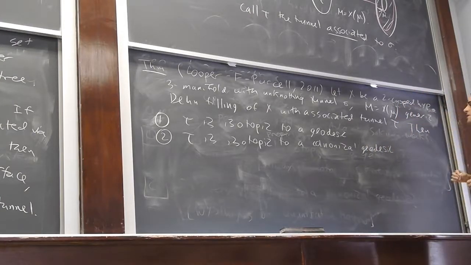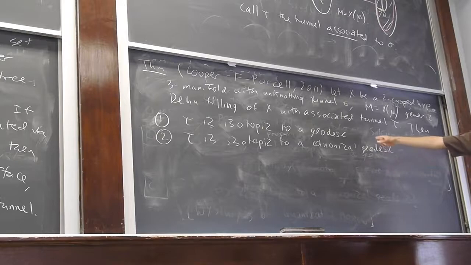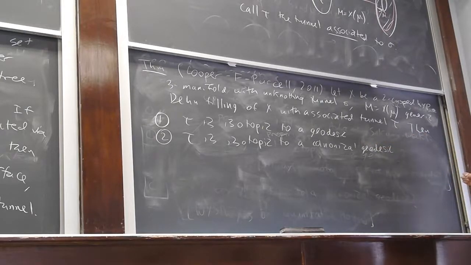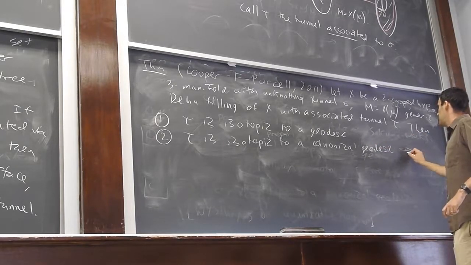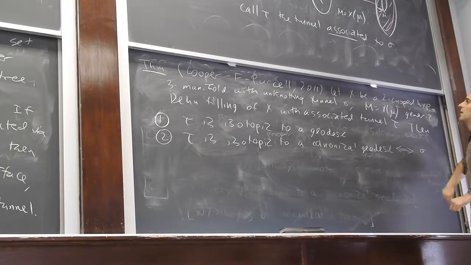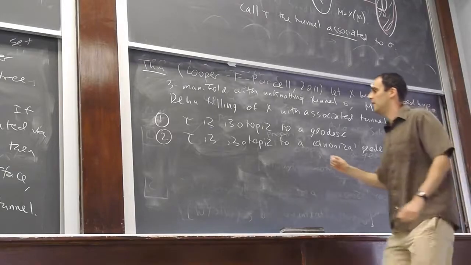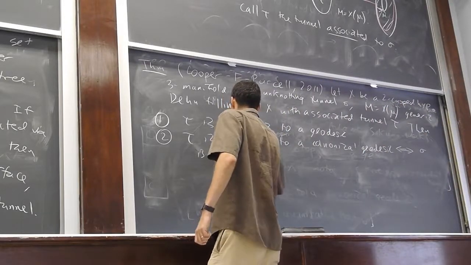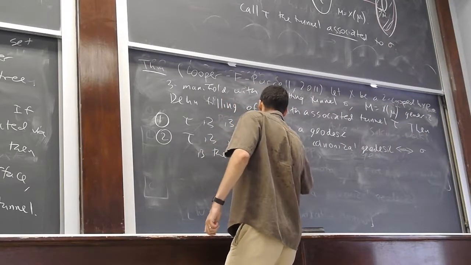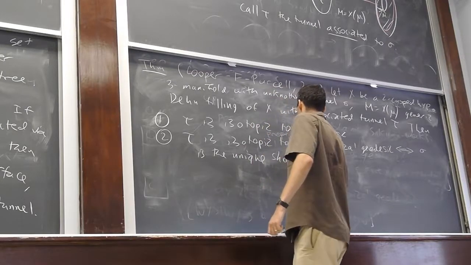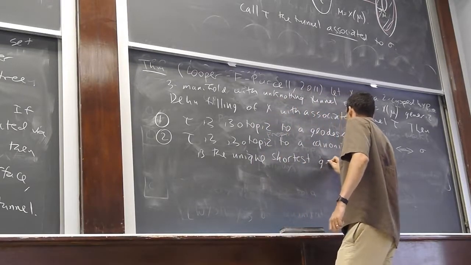Well, if that was the full statement, then one would be unnecessary, but this doesn't happen all the time. It actually happens if and only if the tunnel in the two-cusp manifold that you started with is the unique shortest geodesic.